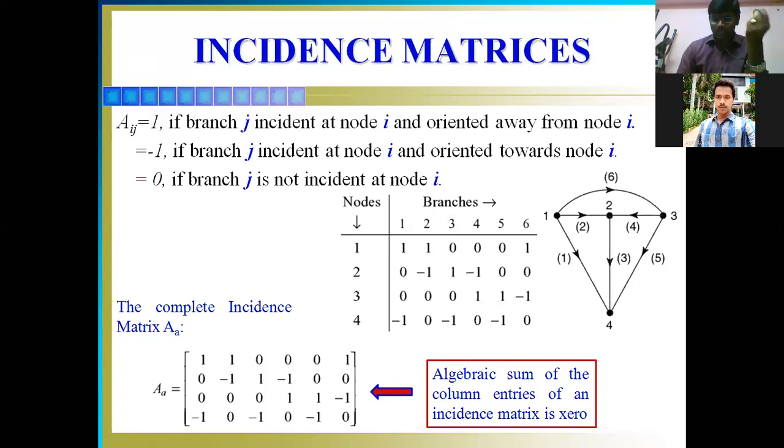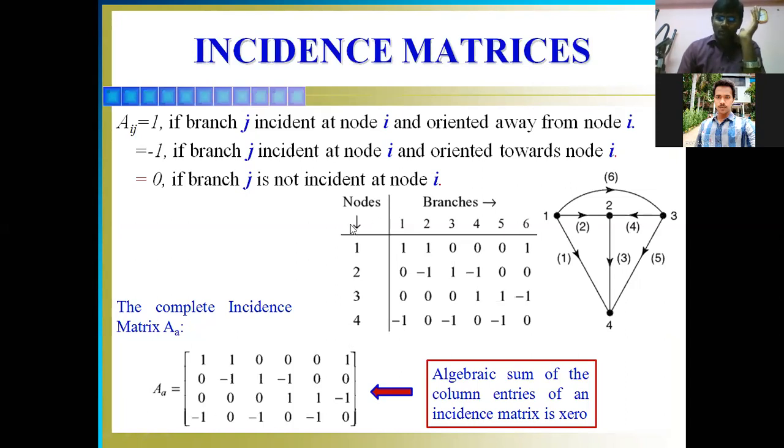In some textbooks, branches are nothing but elements. So here also in my notation, branch is nothing but element. So the size of the incidence matrix is n by b.